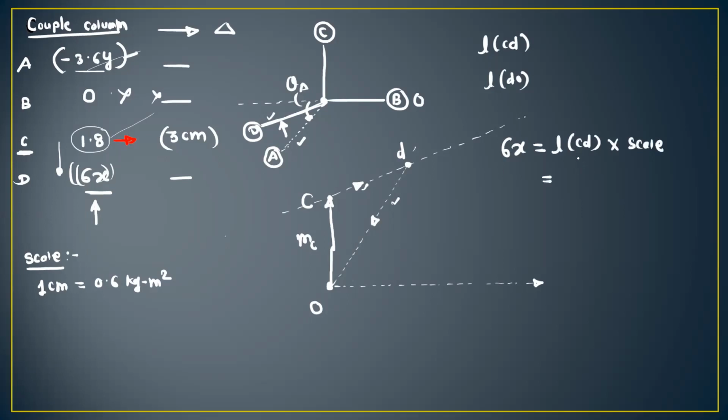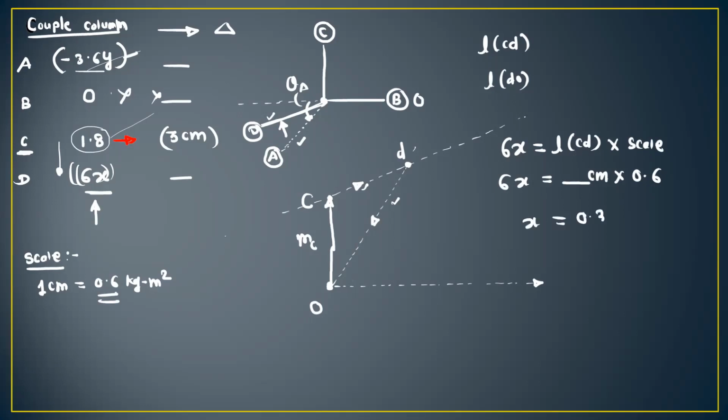So find out this length in centimeter into the scale that we have selected, it is 0.6. So equate this value with 6x and then you will get the value for x.